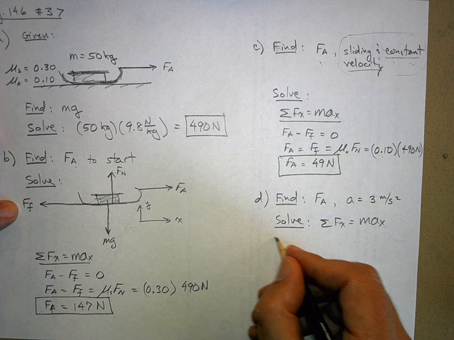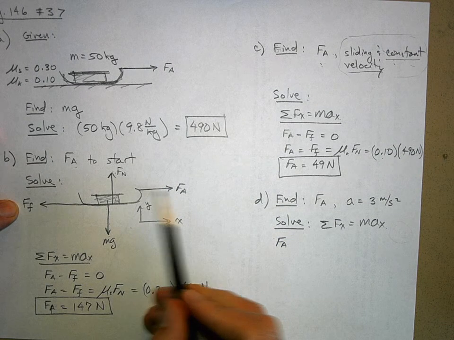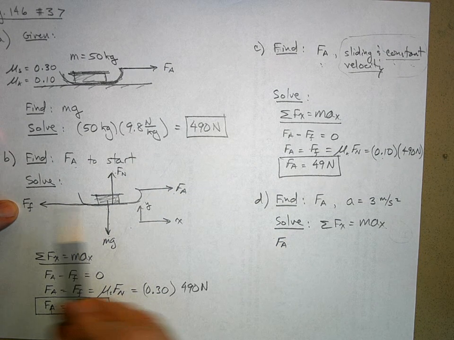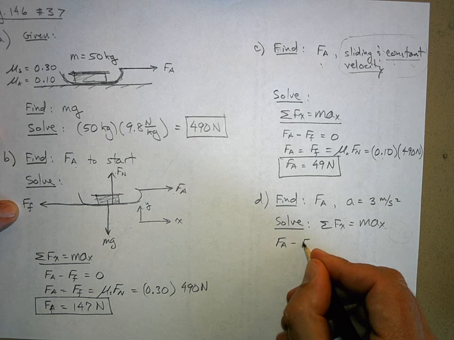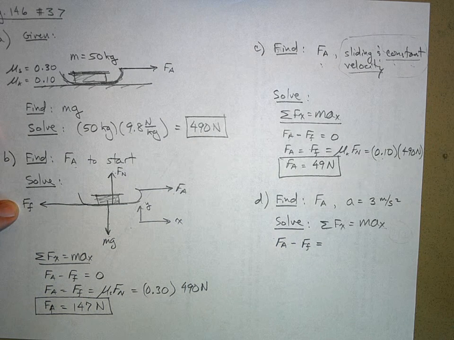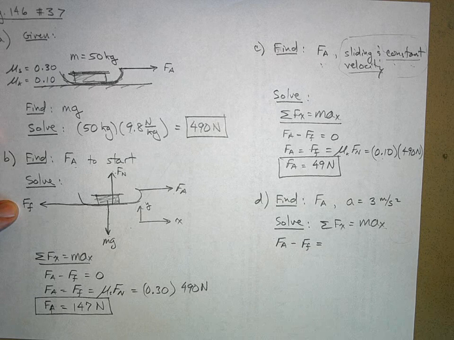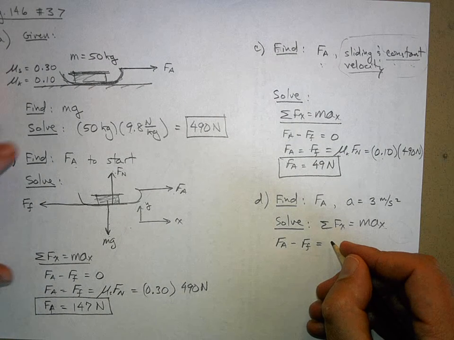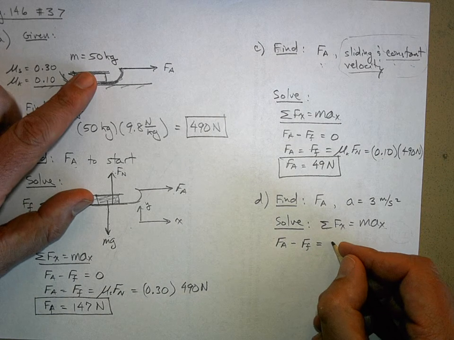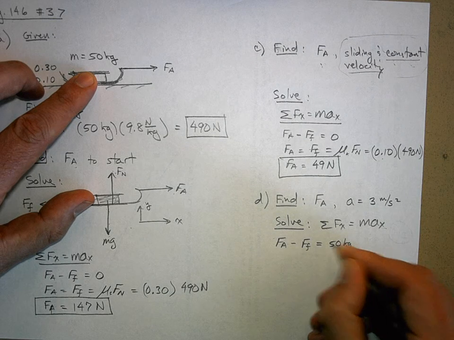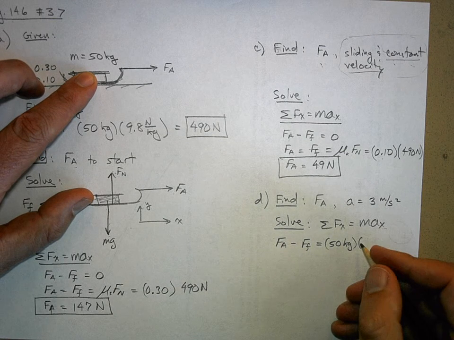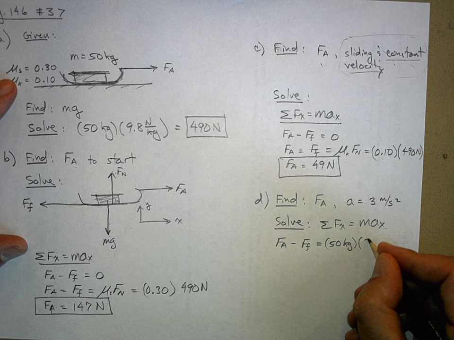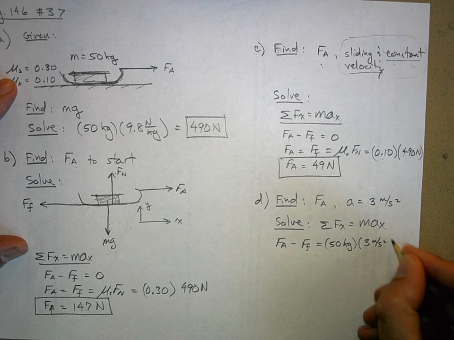Again, it's just Fa, the applied force, minus my force of friction, equals ma, but now there is an acceleration. It's not constant velocity. It's not motionless. It's accelerating. So that's going to be ma, and that's going to be 50 kilograms times the acceleration, 3 meters per second squared.